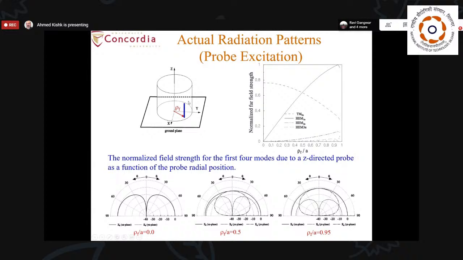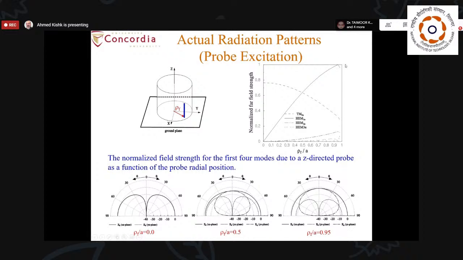For example, no matter what the resonant frequency you are operating at is, if you put this monopole on the center, you always have a monopole type of radiation pattern, regardless of the frequency of operation.